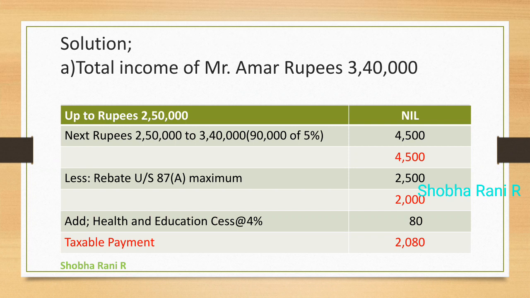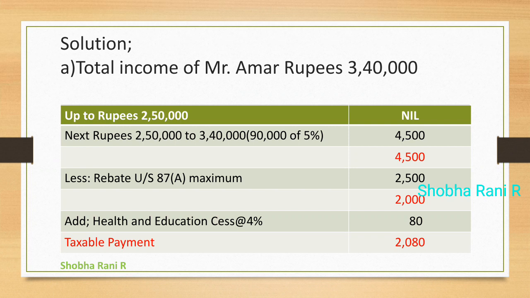Here, Mr. Amar's total income is less than 3,50,000. Hence, the assessee can avail this benefit of rebate under section 87A up to rupees 2,500. From 4,500, if you minus 2,500, the resultant figure will be 2,000.